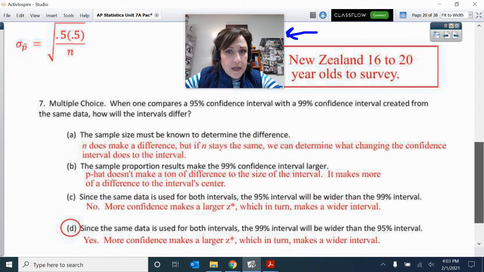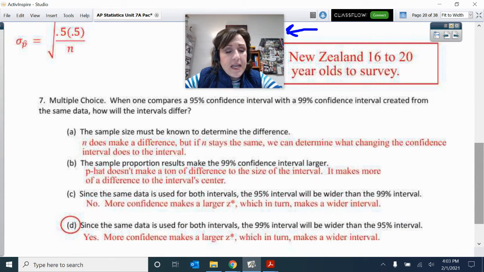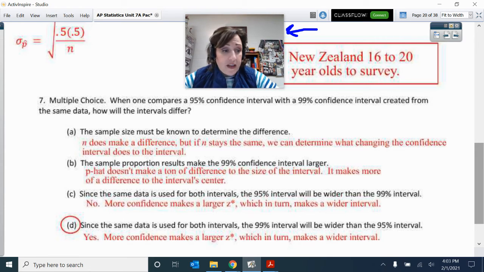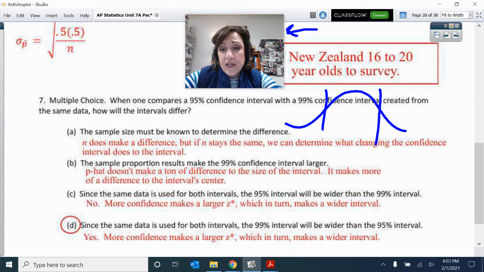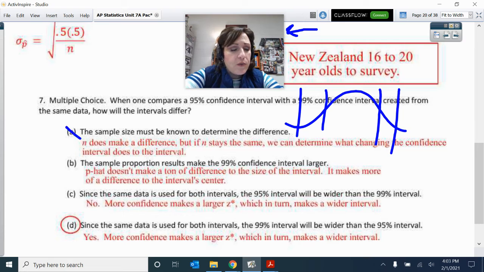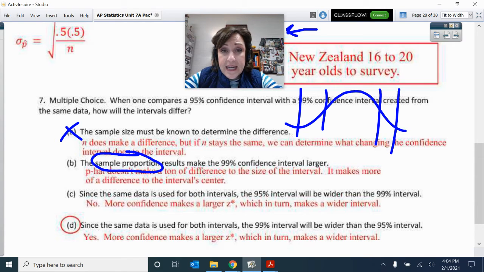All right, so now let's take a look at this. When one compares a 95% confidence interval to 99, I know 95 is here, 99 will be wider, okay? The sample size does not need to be known to tell the difference. The sample proportion will not be the cause of making the 99% confidence interval larger.